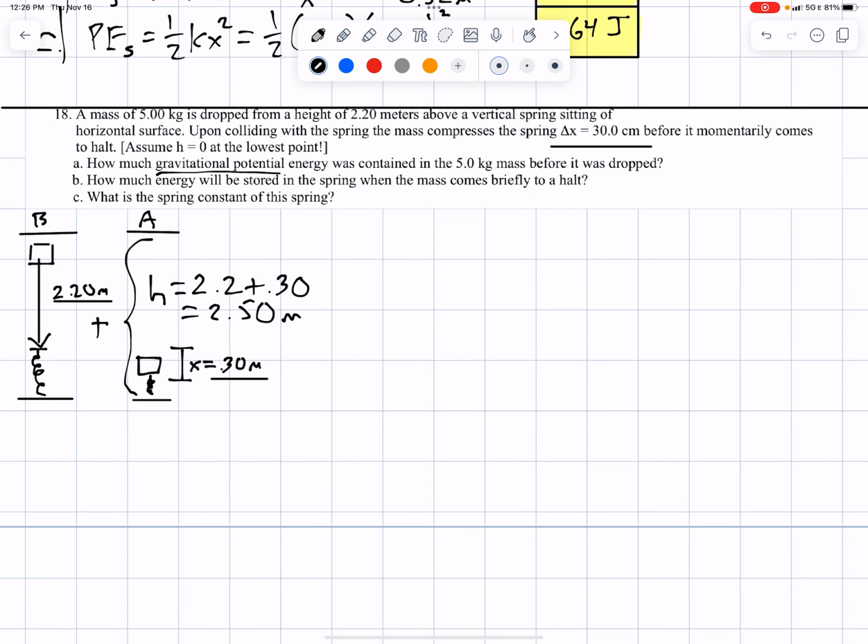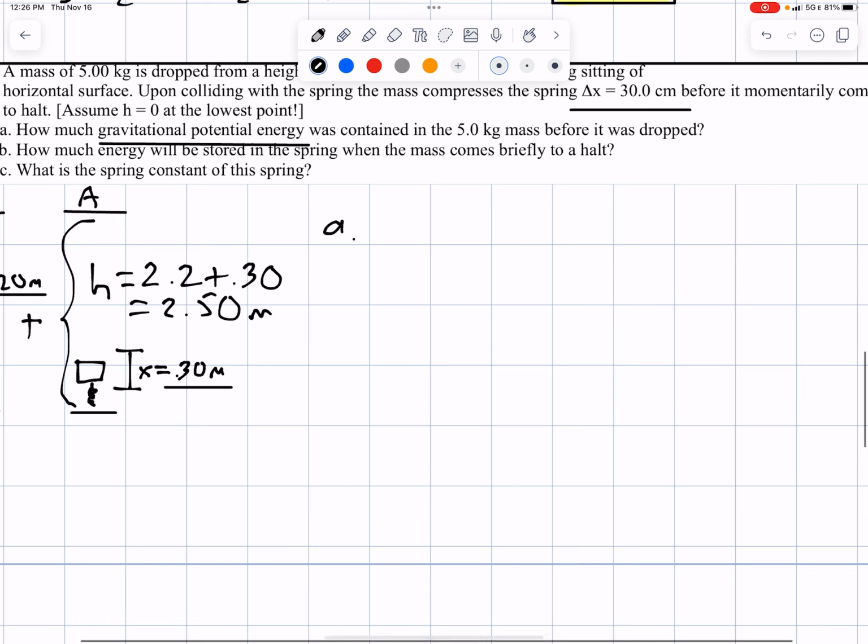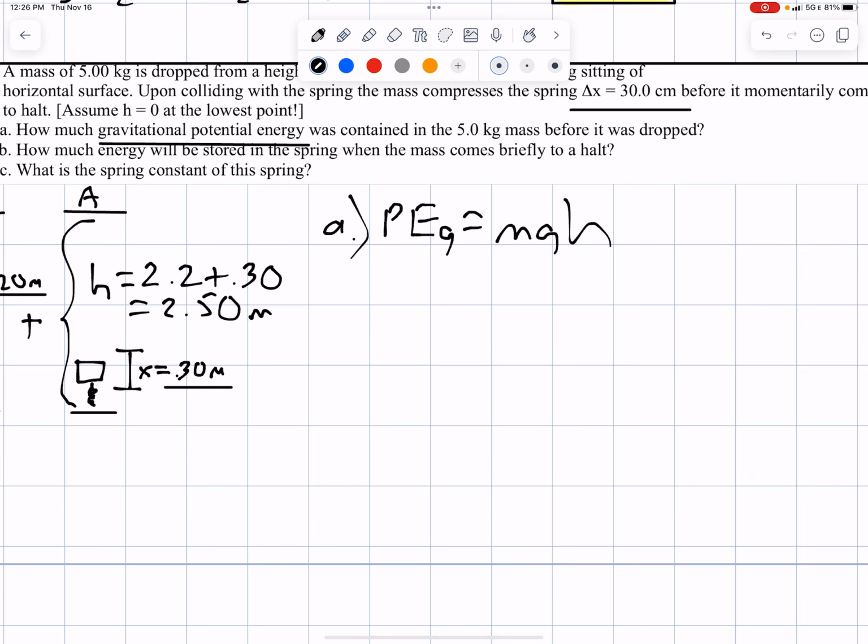So this is how much gravitational potential energy was contained in the 5 kilogram mass before it dropped. Well, gravitational potential energy is equal to m times g times h. The mass was, if you remember, 5 kilograms. g is always 9.8 on the surface of the Earth.